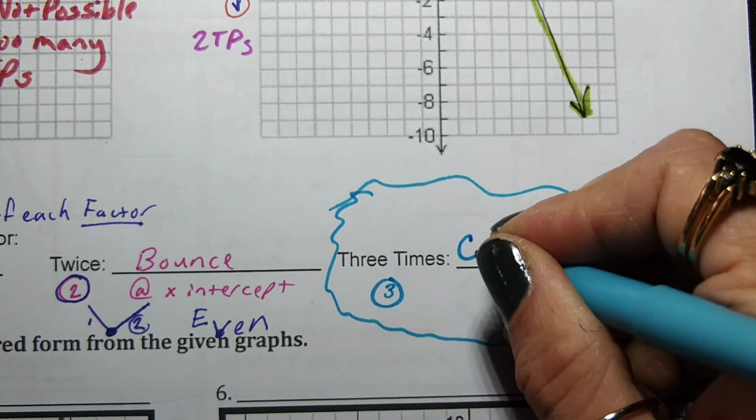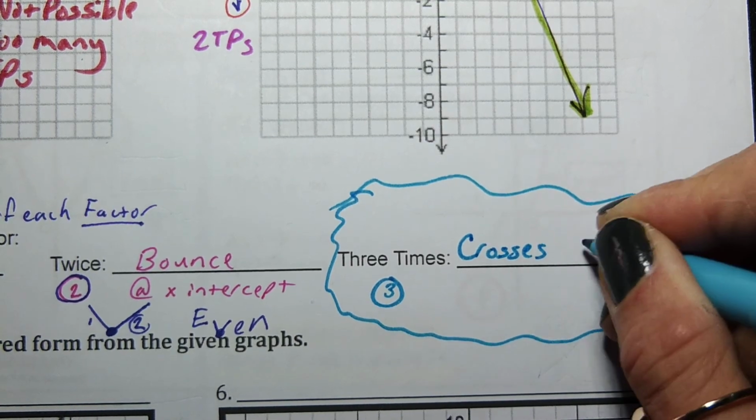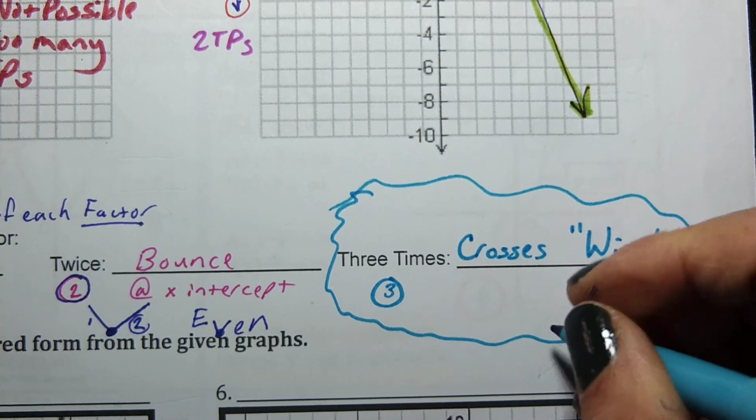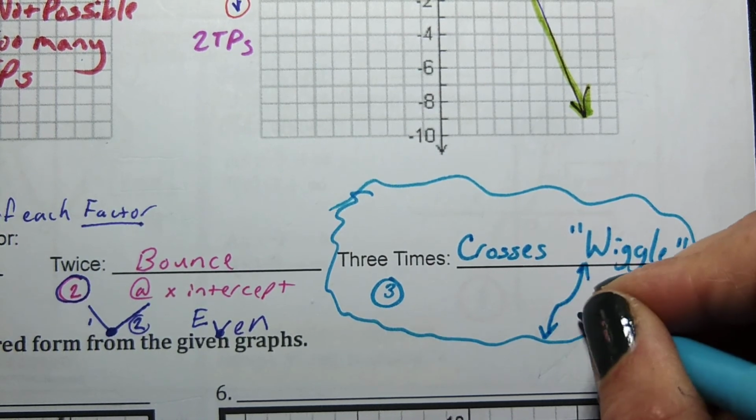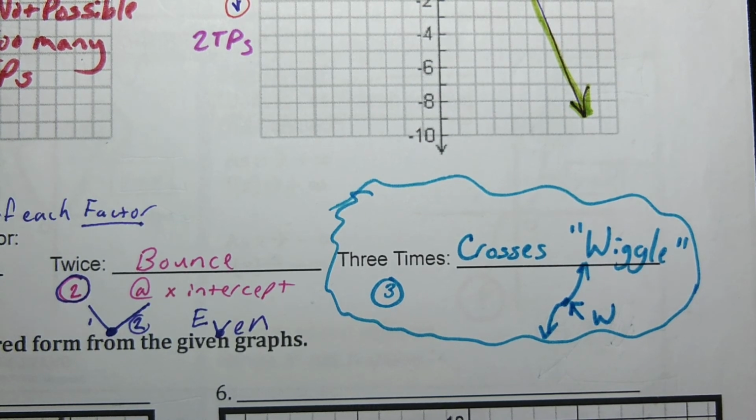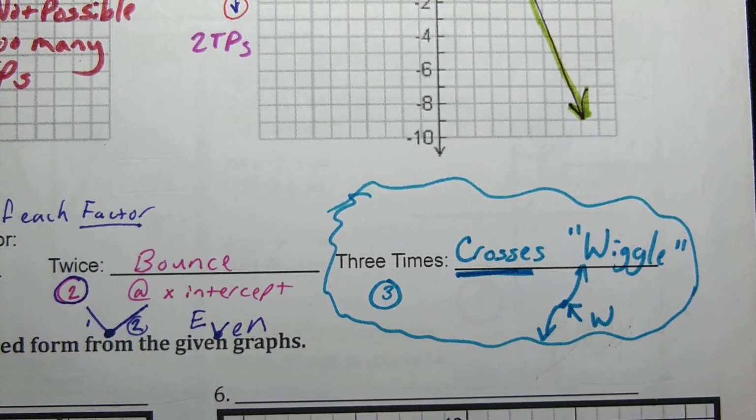It still crosses, but it is more of a wiggle, like a cubic function. So instead of just crossing through straight, it sort of curves into it and then curves back out of it. I'm not going to be fussy about that at all. You can interpret those multiplicities of 3 as just crossing.